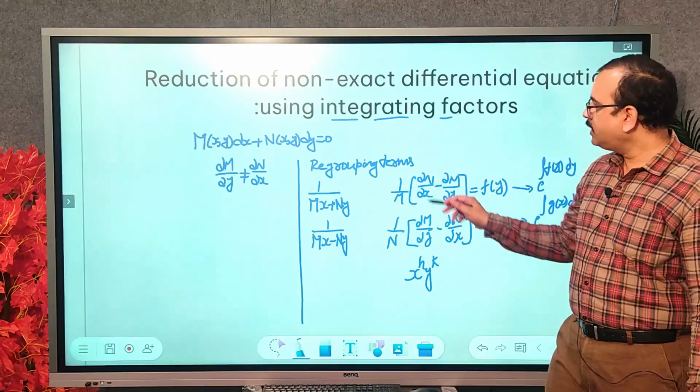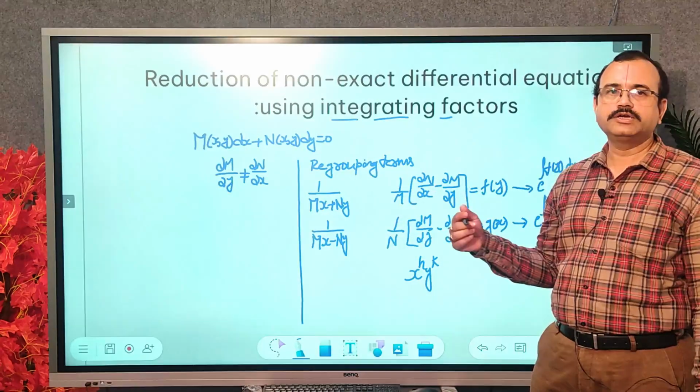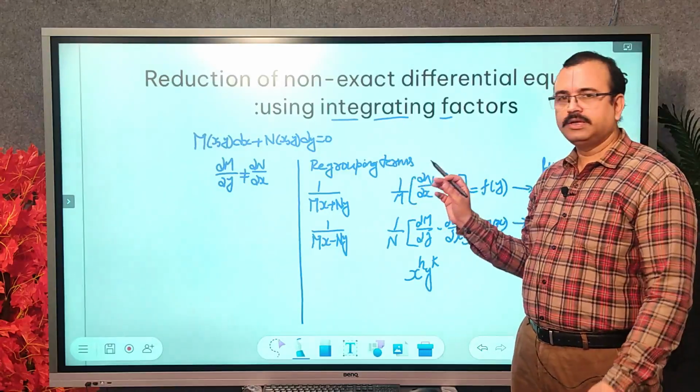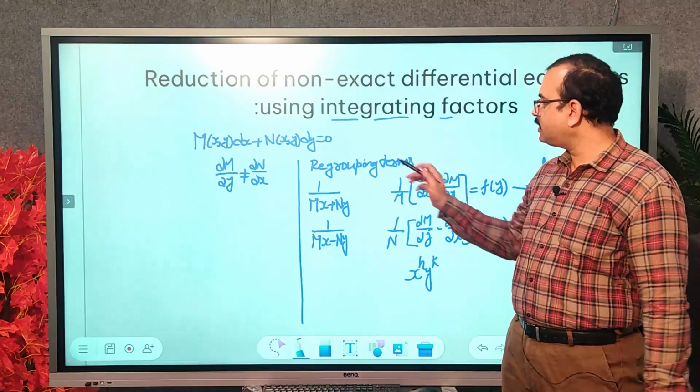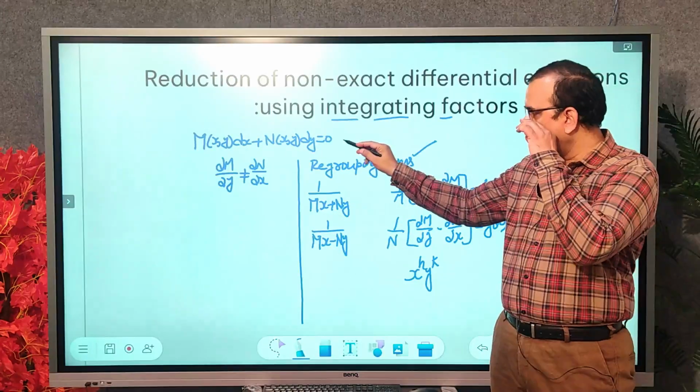Let me once again say: just by regrouping the terms or by directly identifying some function, with our experience and practice we can find out this may be an integrating factor, and we can solve the DE.